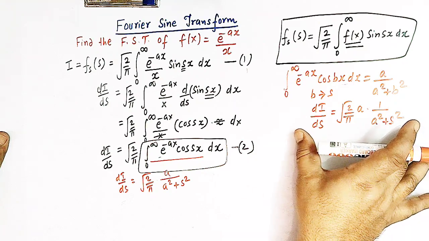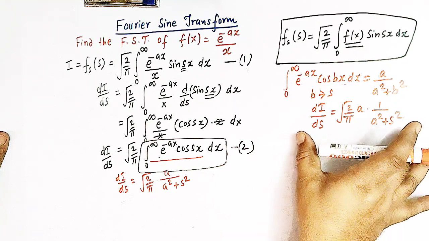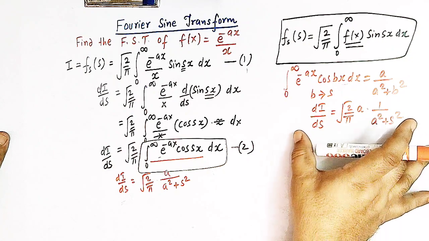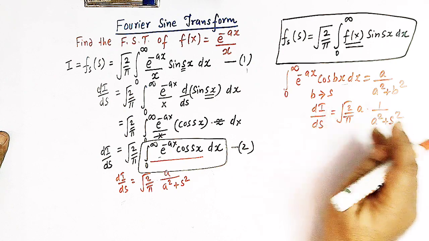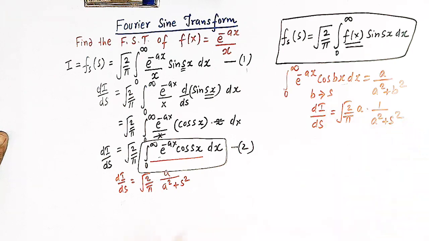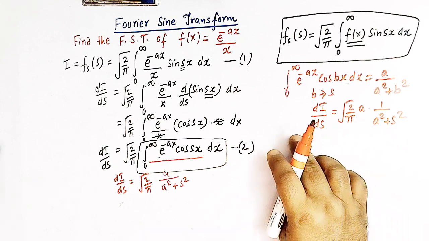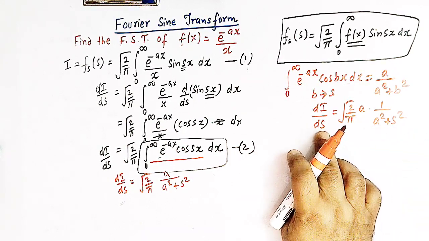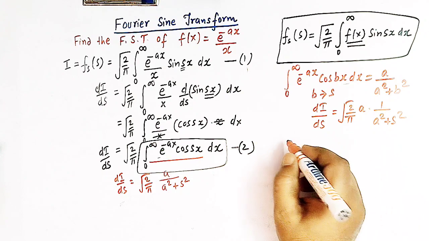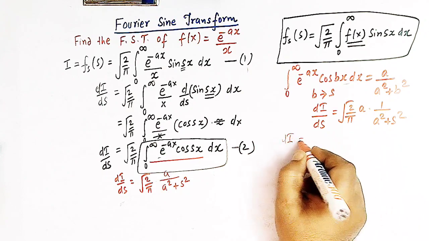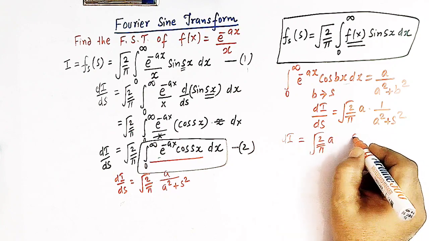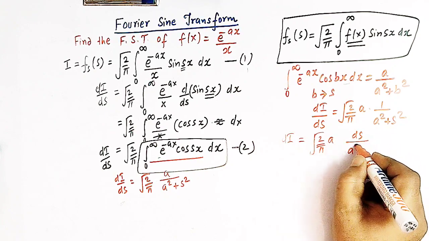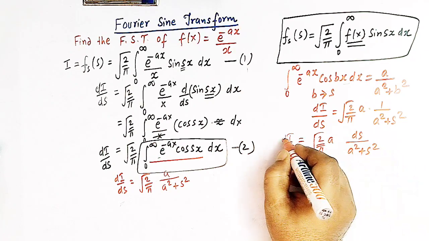Now our aim is to solve this differential equation with some boundary conditions. So what we will do, we'll integrate both sides with respect to s. Integrating both sides, we have dI equal to square root of 2 over pi a, and here we have ds over a square plus s square.